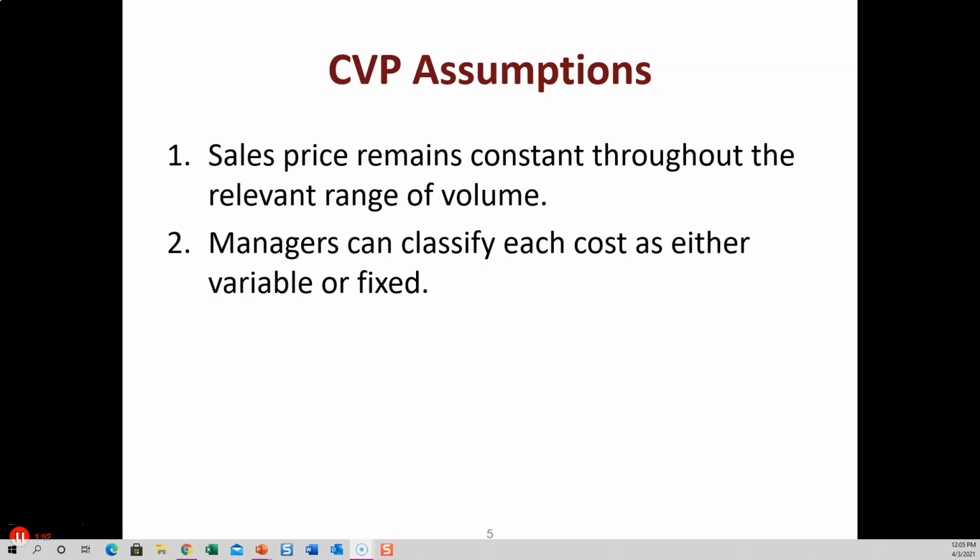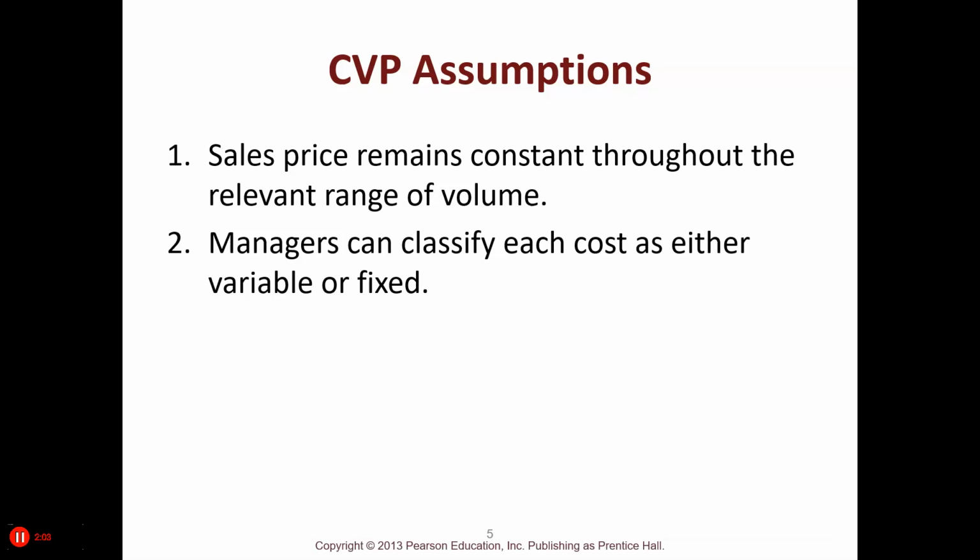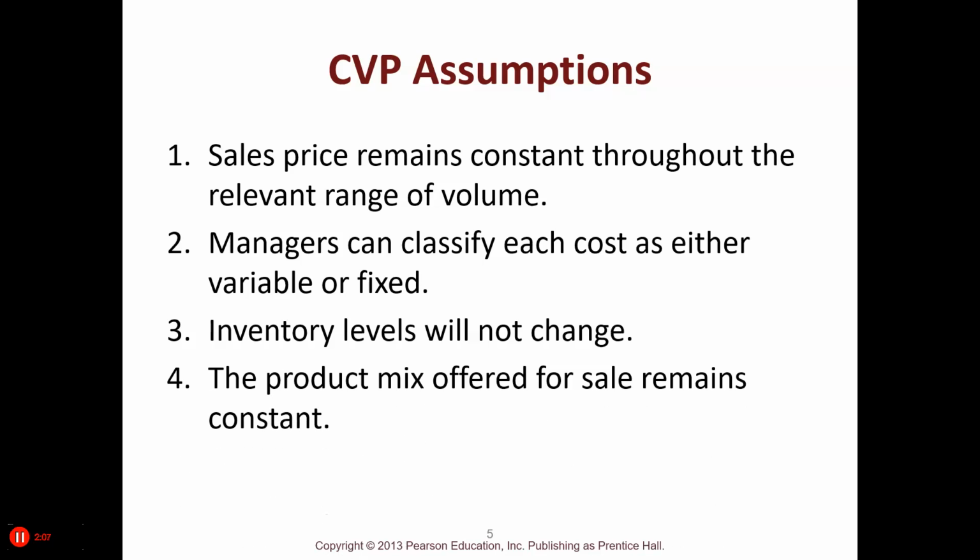So, you have to assume that the sales price will remain constant. Managers can classify each cost either variable or fixed, which is not easy to do, and inventory levels will not change. The product mix offered for sale remains constant.